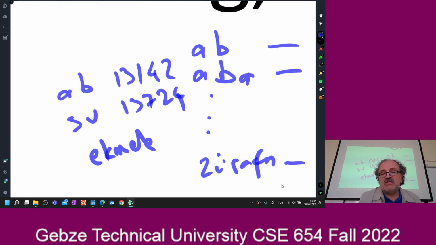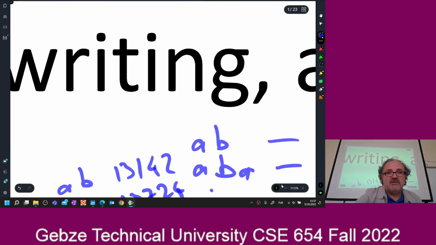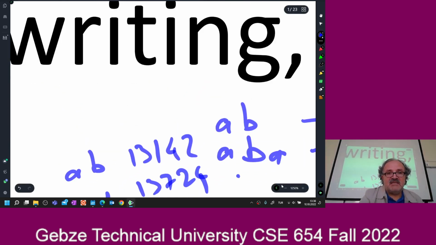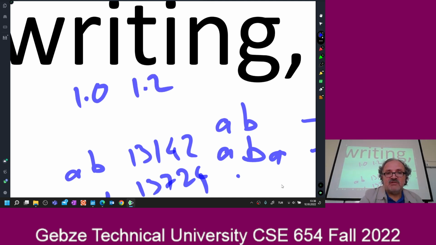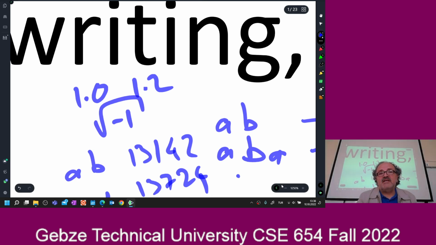I mean, when you need to represent something, for example, if you like to represent numbers, double numbers like this, these are nice, but how about this? If I like to represent a number like this, I cannot represent it, because I don't have a corresponding one-dimensional number for this number, square root of minus 1.